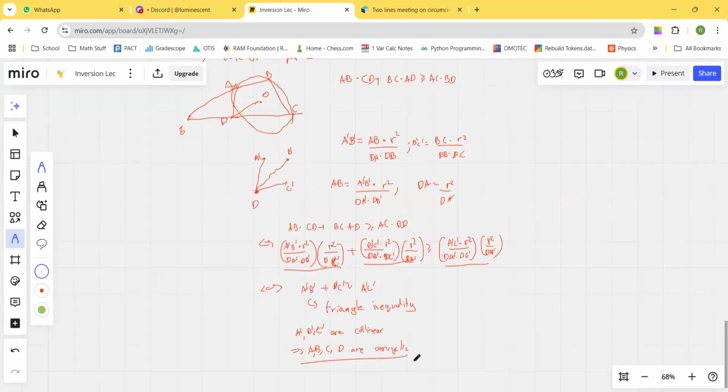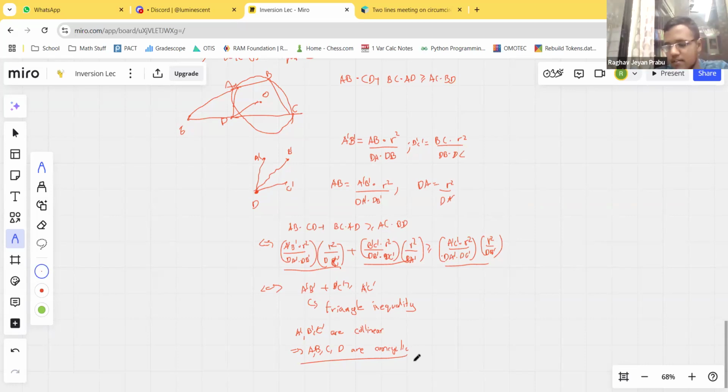Motivation can be that we do not know about D, so we can take the center as D. Right. That's also another motivation, because if you're trying to use inversion on this problem, then working with any other point does not give you that much information. Whereas if you have D, then you already have one point in your control, and the others you can just use the distance formula.